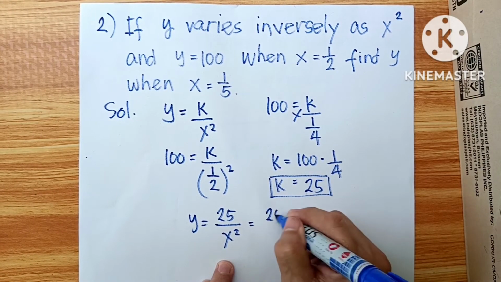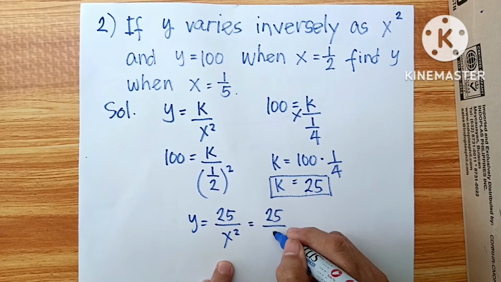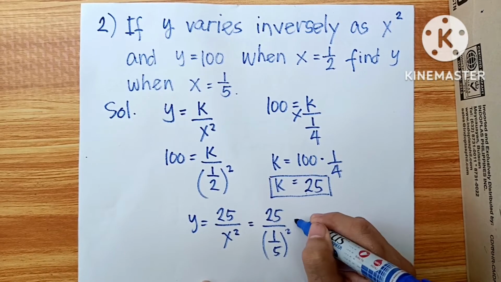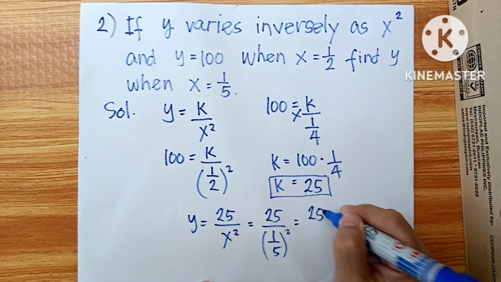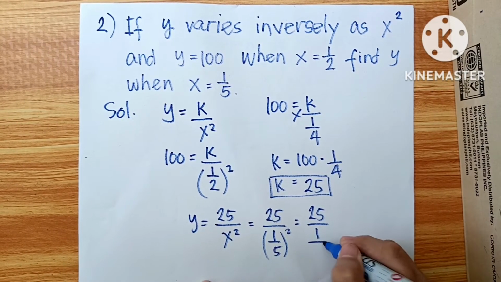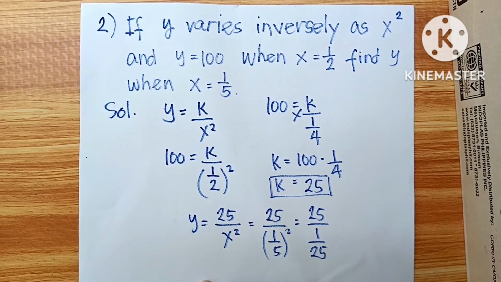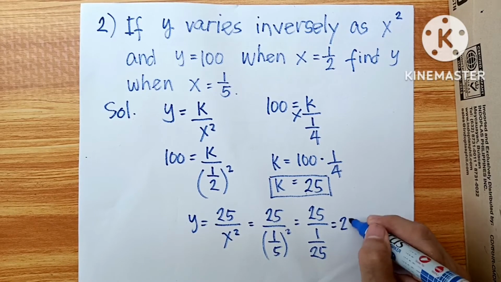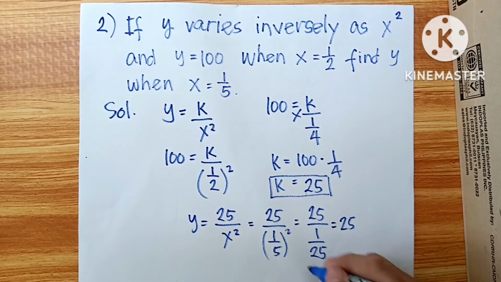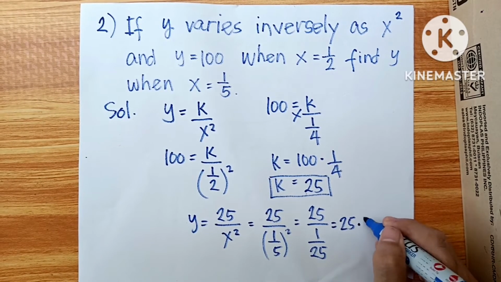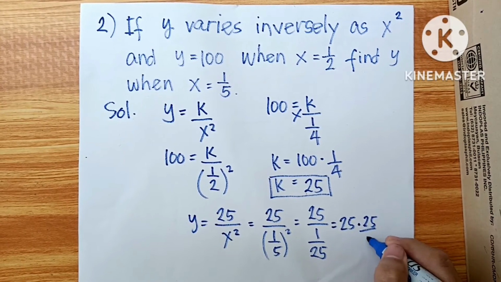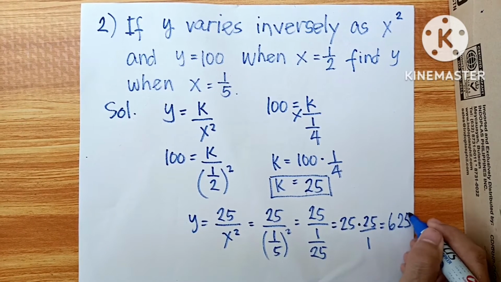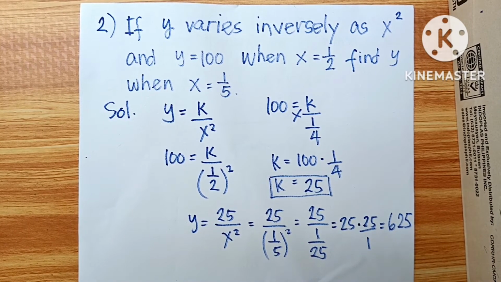We have 25 over 1/5 squared, which is equal to 25 over 1 over 25. How do we divide? We multiply the numerator by the reciprocal. So that's 25 over 1 times 25, or 625. So that is our y.